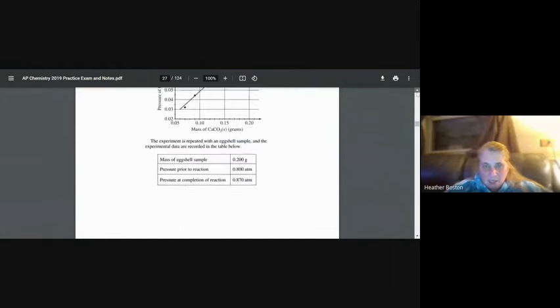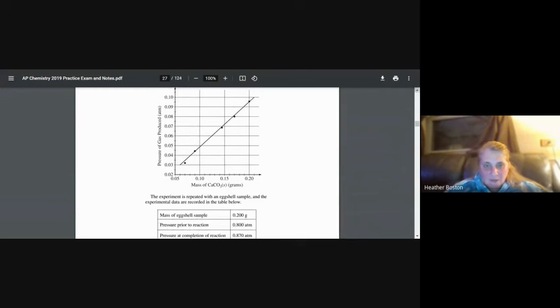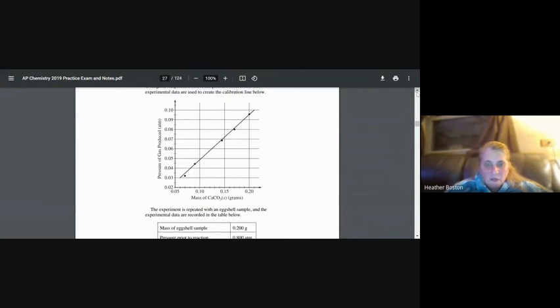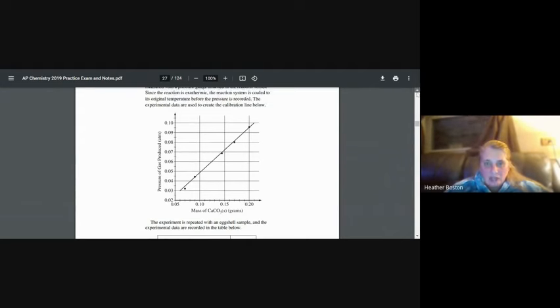Let's see, we got to figure out the mass percent. Let's see, we had 2 grams... 0.2 grams of eggshell.